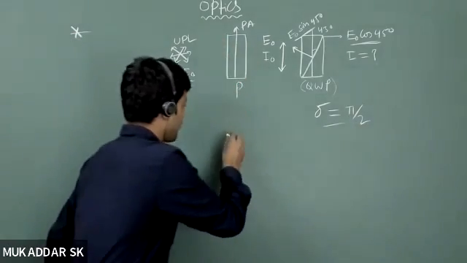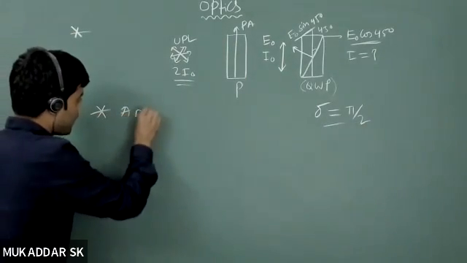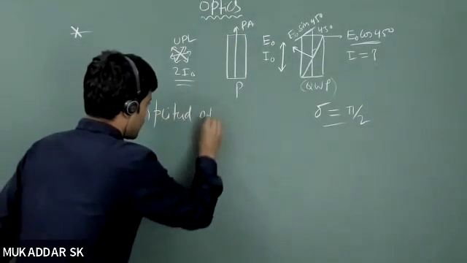So what can I write? The amplitude of the emerging ray.